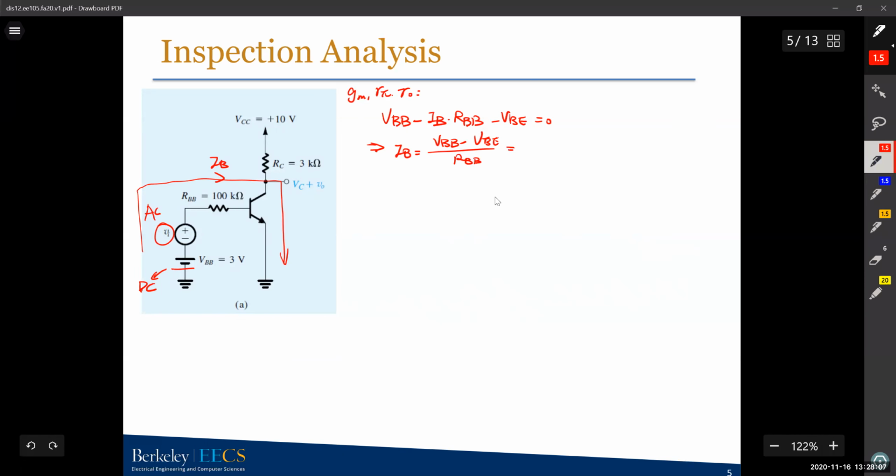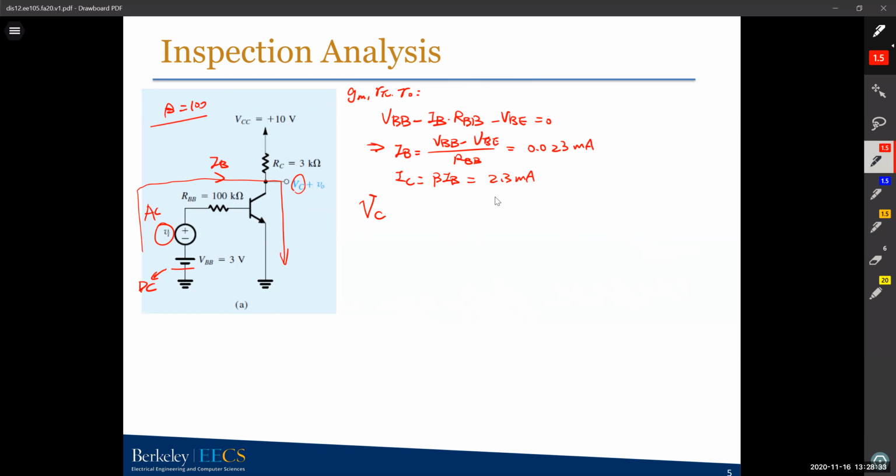If you assume the turn-on voltage VBE is 0.7, you get IB equals 0.023 milliamps. And beta equals 100, so your IC will be beta times IB, which is 2.3 milliamps. Pretty simple. So what's your DC operating point VC? The DC voltage at your output will be VCC minus IC times RC, which is 3.1 volts.